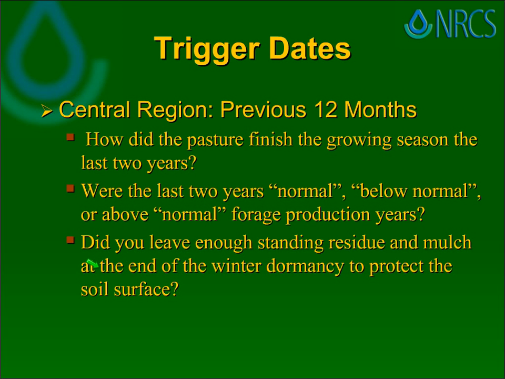Coming out of March into April, is there enough grass there, mulch, standing or on the soil surface to protect the soil? If we do start getting those rains in April, May, and June, can it get through the soil surface? Is something protecting the soil surface to help that become effective precipitation instead of just rain? We don't want to see any more water run off than we have to.